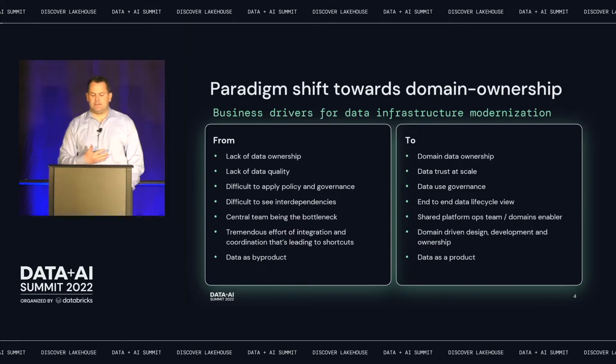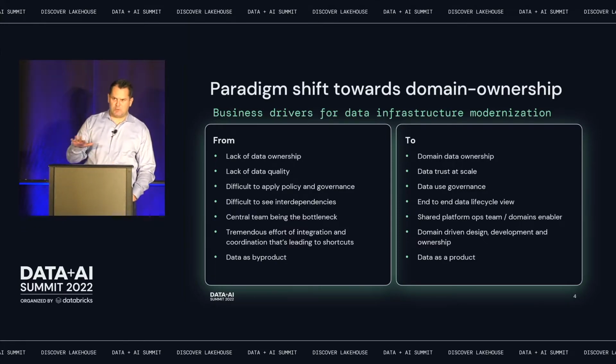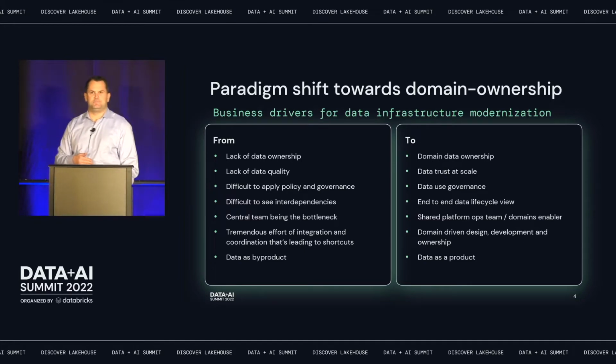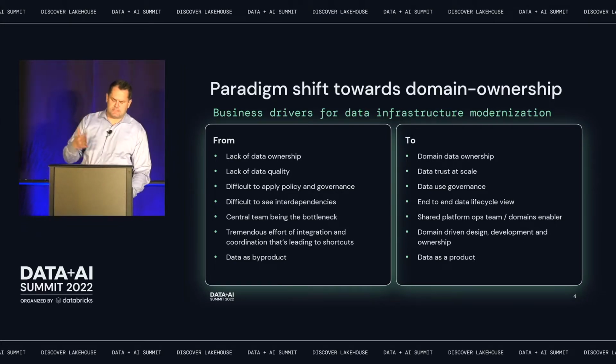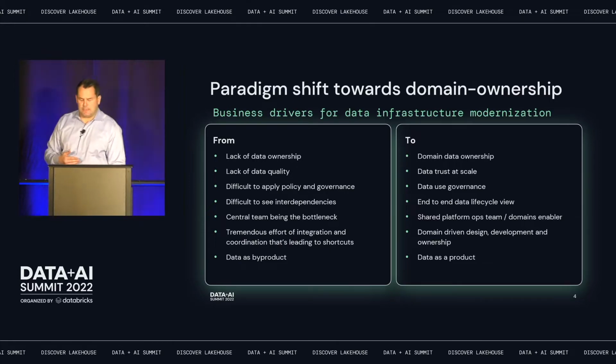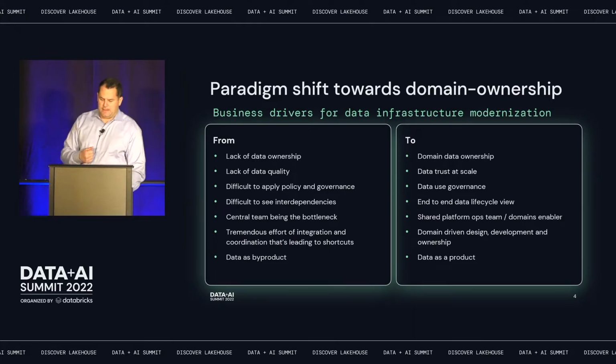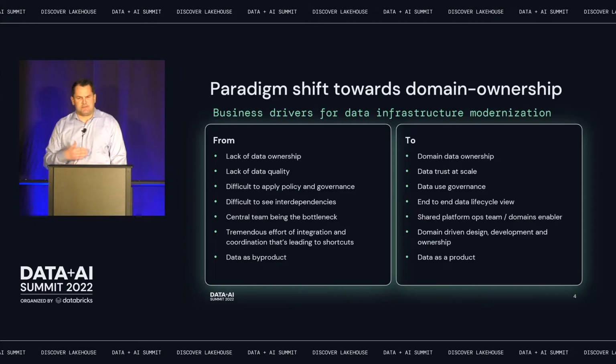How do you apply policies and governance to data assets so you can move from IT-enabled entitlement and management of provisioning access to data assets, to data domain owners and data stewards provisioning or enabling the data use governance.